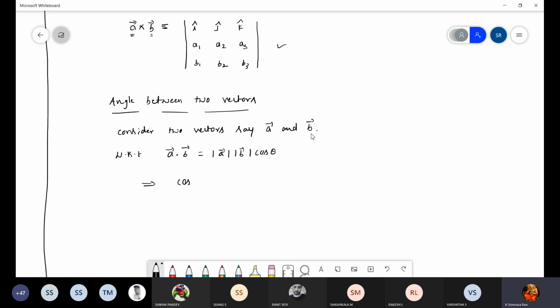So what is cos theta? Cos theta equals vector A dot B divided by magnitude of A into magnitude of B. Just cross multiply magnitude of A and magnitude of B on the left hand side and I will write cos theta. So this is the main definition or formula to calculate the angle between two vectors.